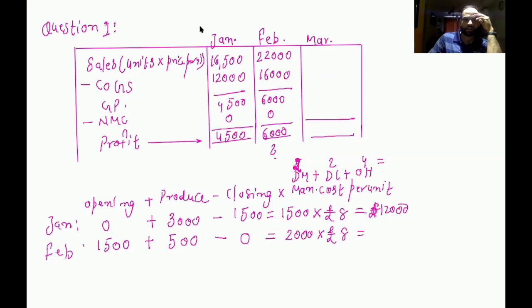So let's calculate for the month of March. How much is the sales for March? Sales for March is also 22,000. Okay.